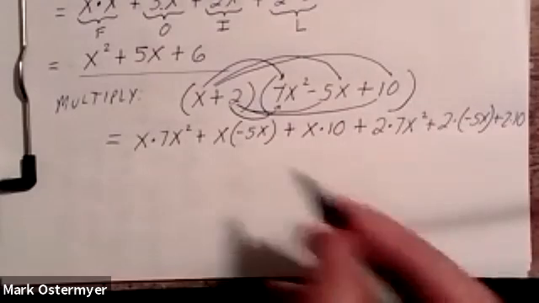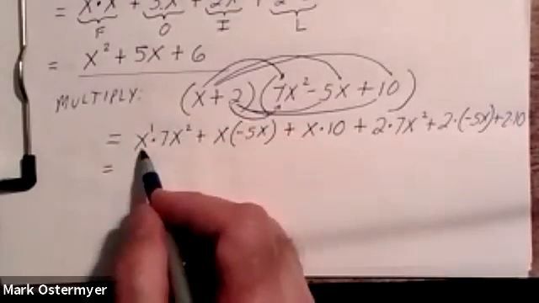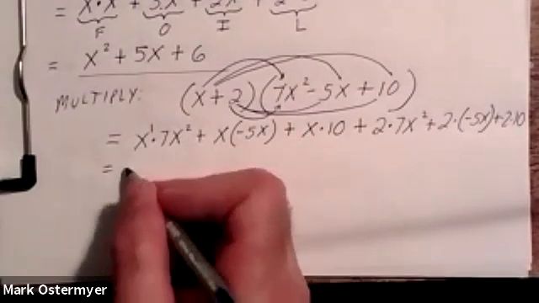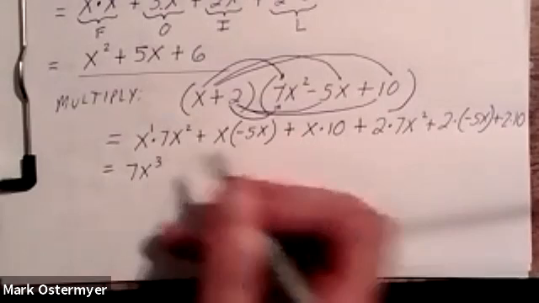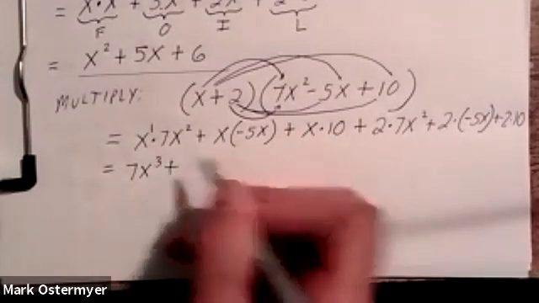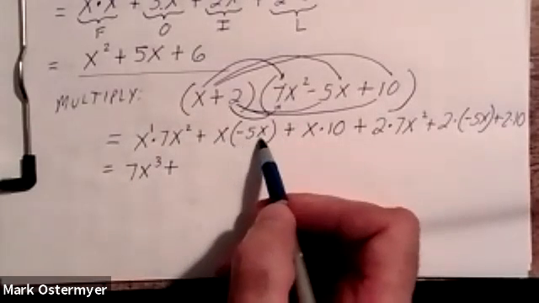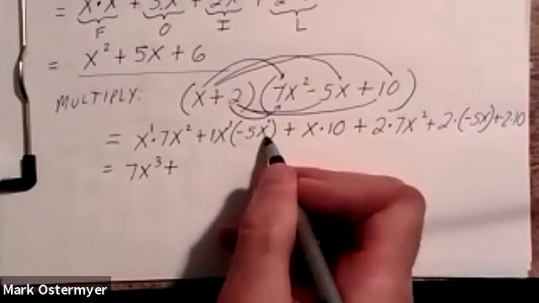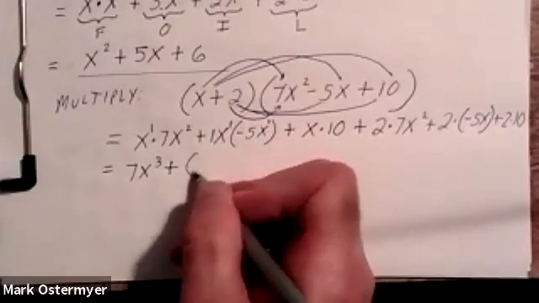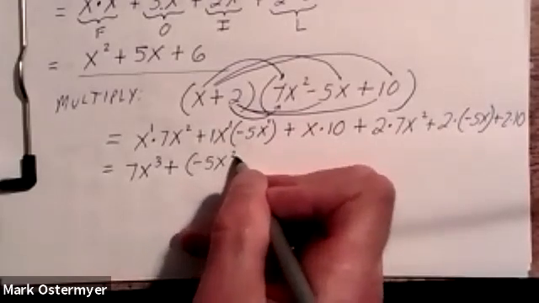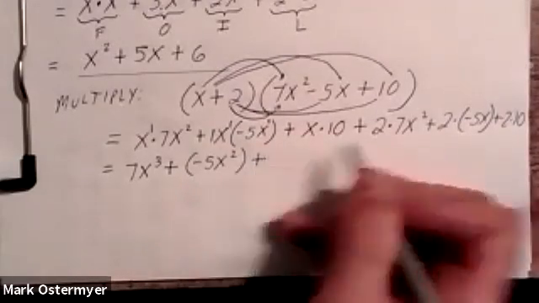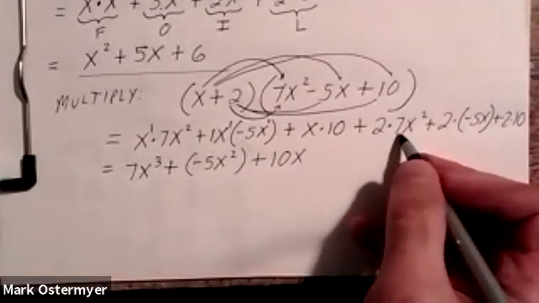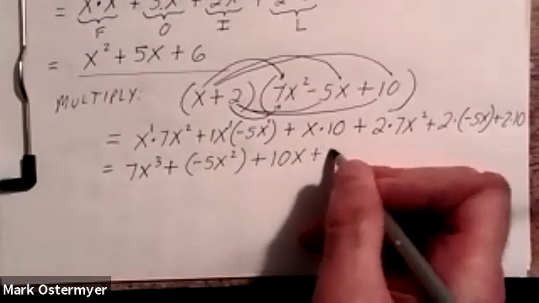Okay. All right, now what's x to the first power times 7x squared? That's going to multiply together to give us 7x to the third power, plus x multiplied by a negative 5x is going to be negative 5x what squared, plus 10 times x is 10x. 2 multiplied by 7x is going to be 14x squared.